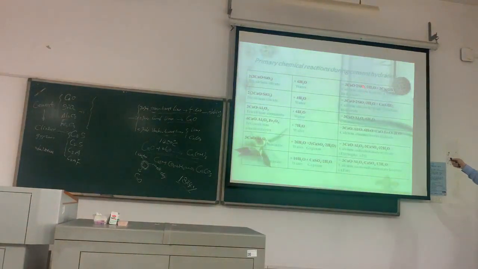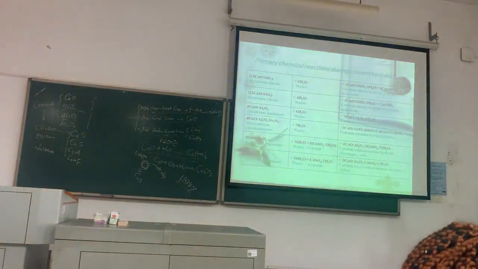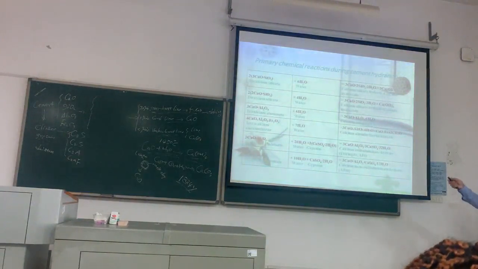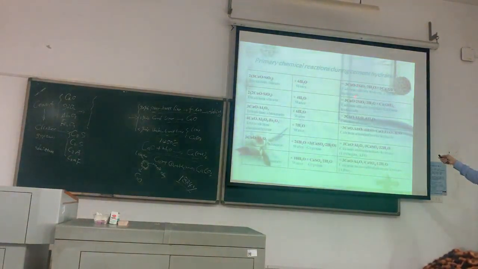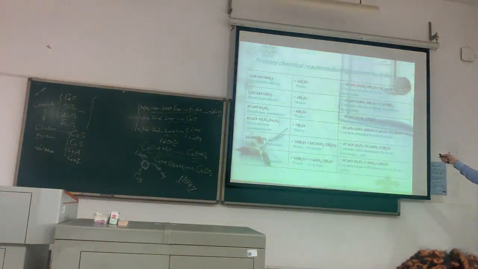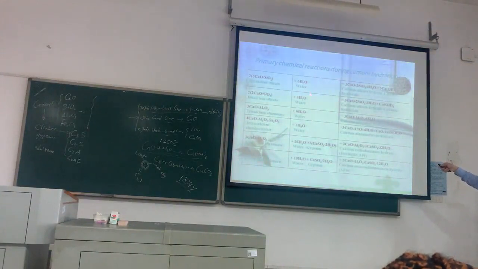So this product is very important. Why? Because the cement is useful, because it can produce strength. Where does the strength come from? It comes from this product. This is why the cement gets the strength, because it can produce this product. So the speed of these two is different.